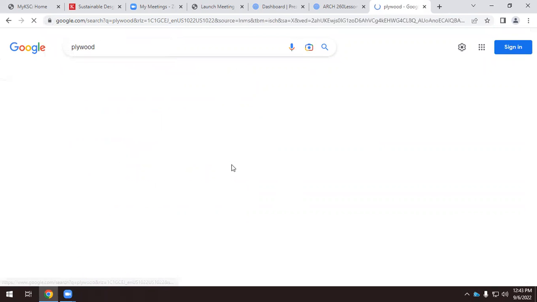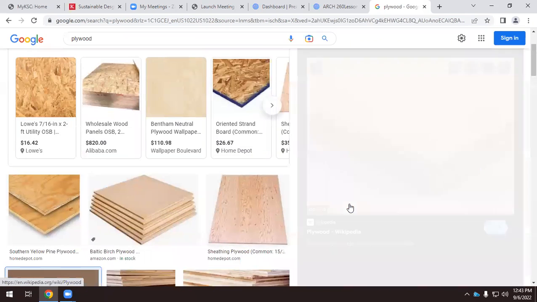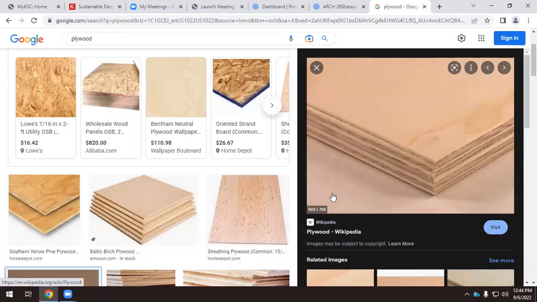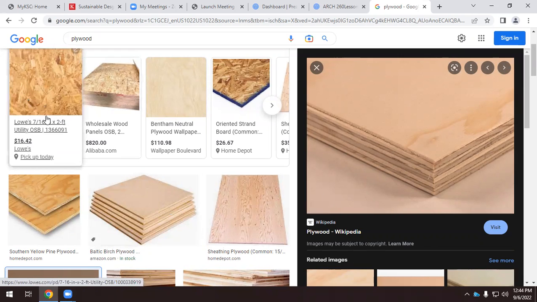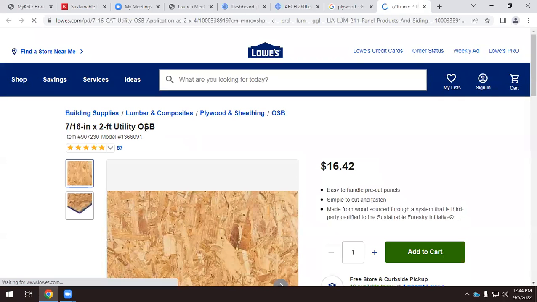Let's look at the image. This is not plywood, by the way, this is plywood. So is it the same? It's not. Are you talking about particle board? Yeah, it can be particle board, but this is the oriented one. There's different types of plywood that you can buy for specific jobs, but technically this is the OSB.